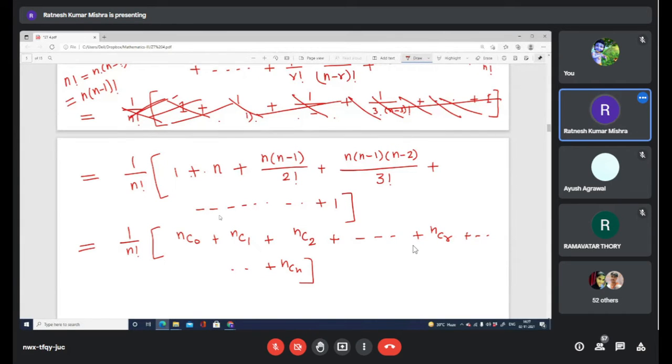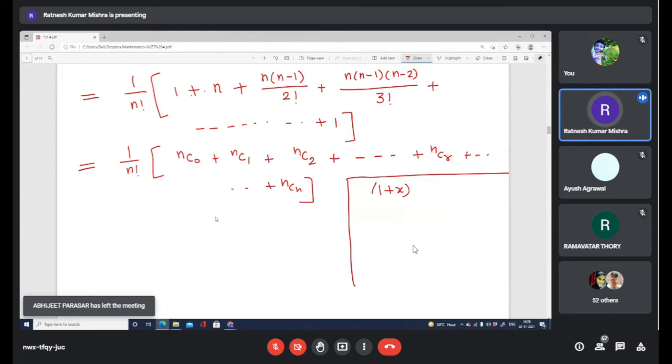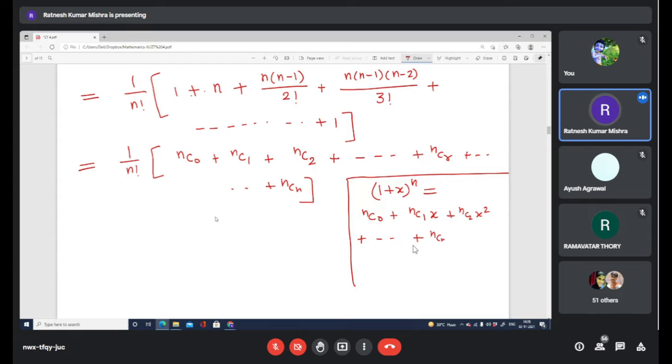How can you write this one? See, (1 plus x) power n. What is this? Anyone? Hello? Yes sir. So this is nC0 plus nC1 x plus nC2 x square plus nCn x power n.